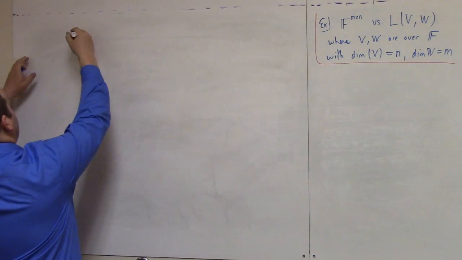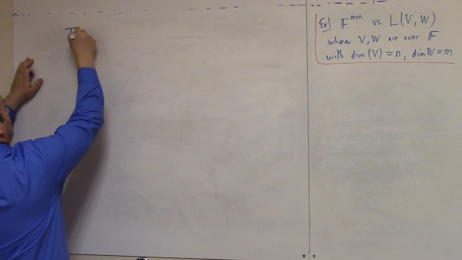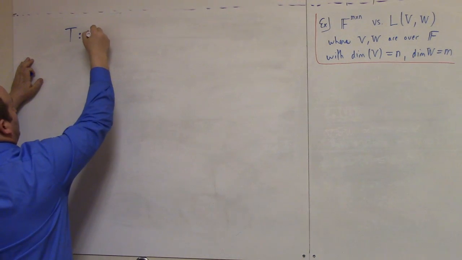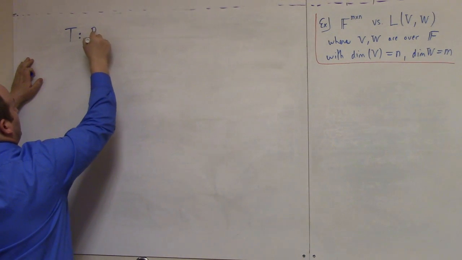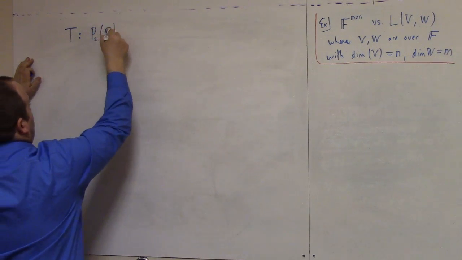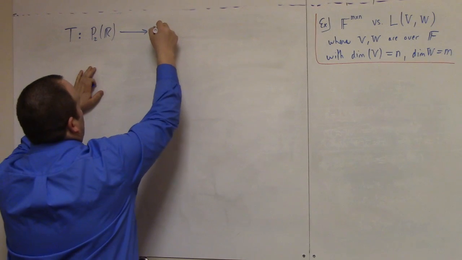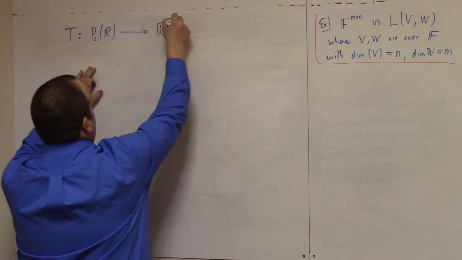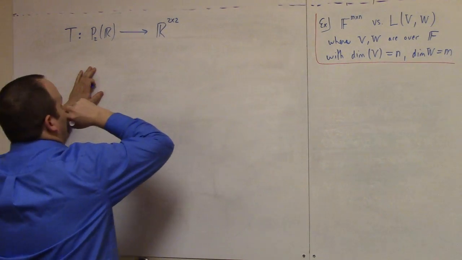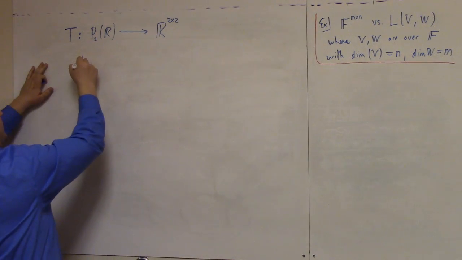But if you have a linear transformation, say T, and suppose it goes from, say, P2 over the reals, and suppose it maps over here to, I don't know, maybe R2 by 2. And the formula for the linear transformation could be something like this.